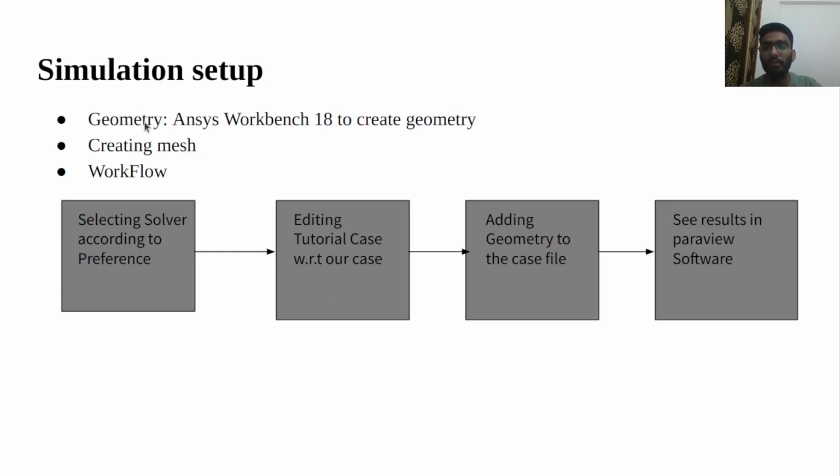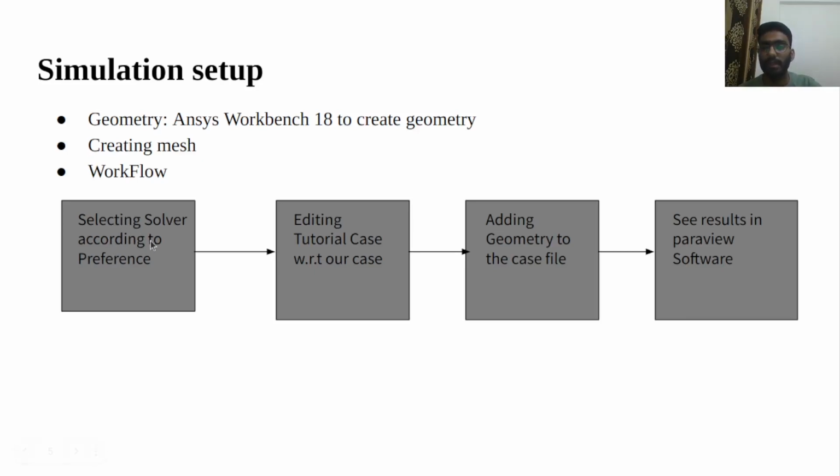First we will create a geometry in Workbench 18, then create the mesh, and after creating the mesh we will go for the solver. We have different solvers in OpenFOAM. After creating geometry and mesh, we will solve the problem using OpenFOAM software.